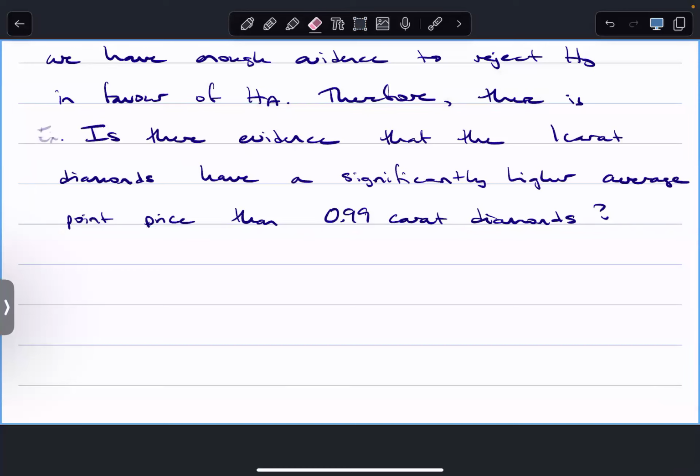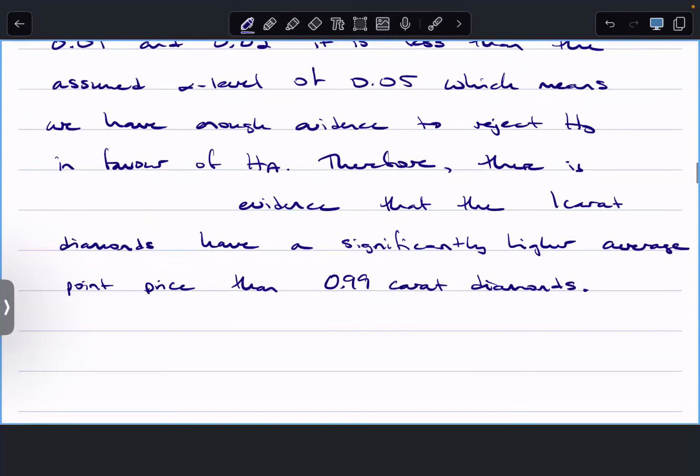There is evidence that the 1 carat diamonds have a significantly higher average point price than 0.99 carat diamonds. Not question mark, period. And that's your conclusion in terms of the question. Kind of wonky, but that's okay. Not gonna fix it.